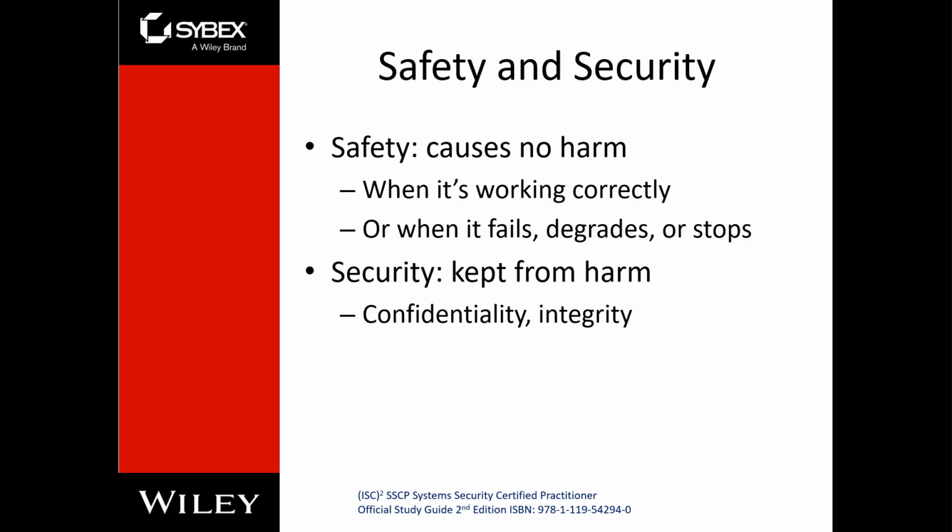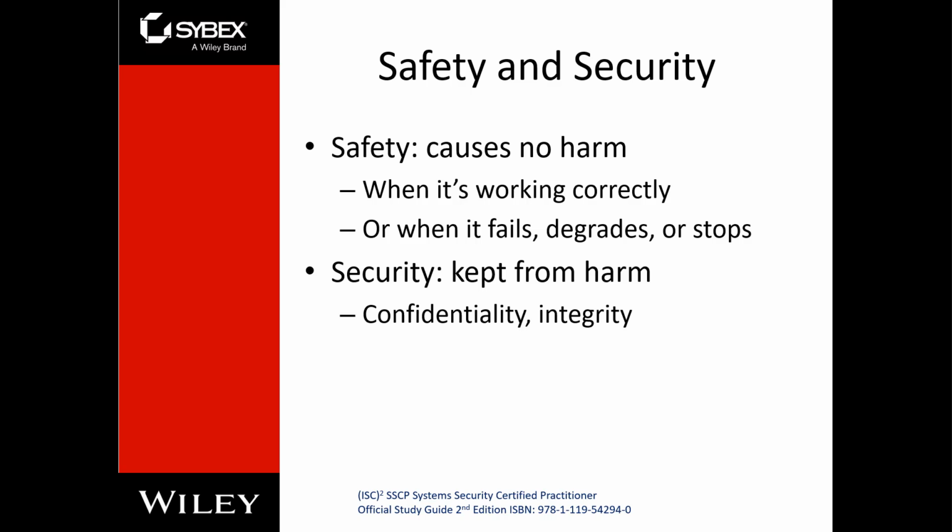For example, if we are talking about a fire alarm suppression door, if the fire alarm goes off, those doors should automatically be unlocked to allow for egress. However, if there is an issue with the door, it may prevent egress that would cause a safety concern. In contrast, security is typically kept from harm using confidentiality and integrity.